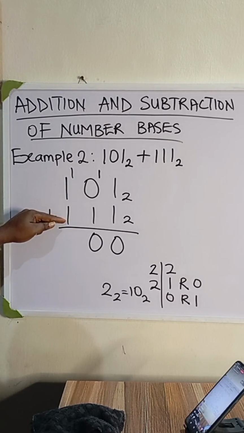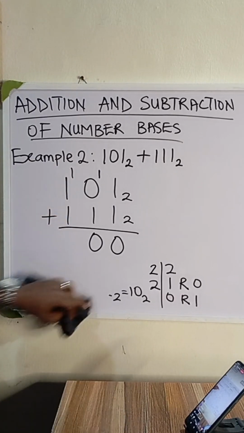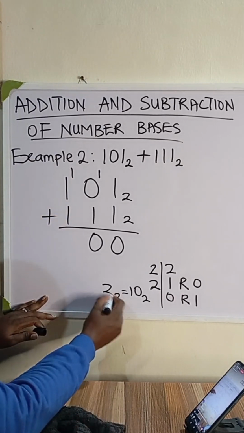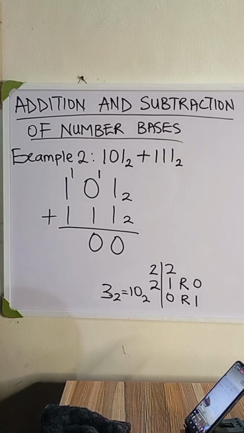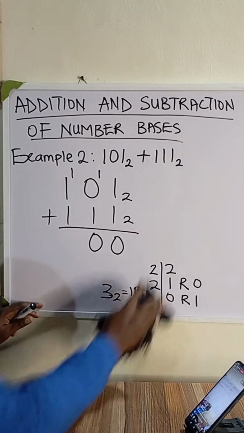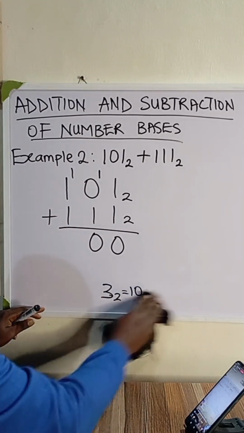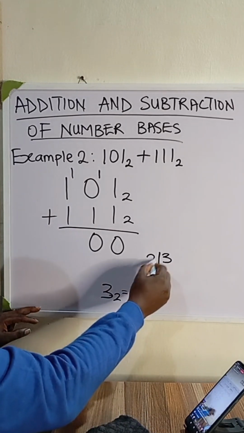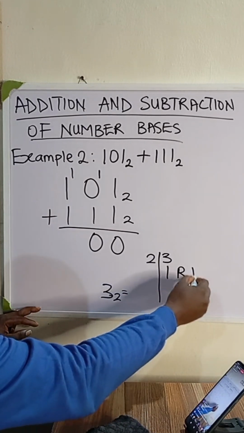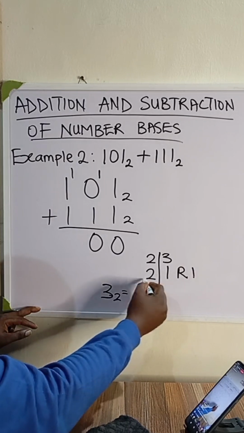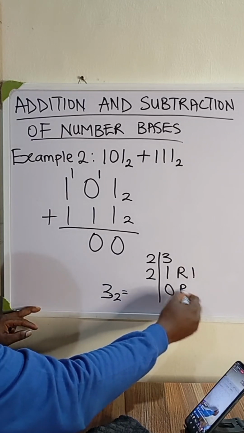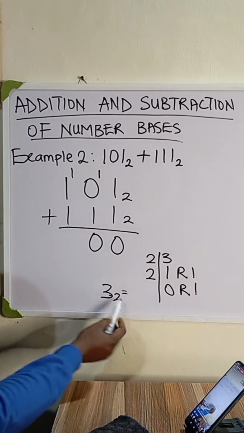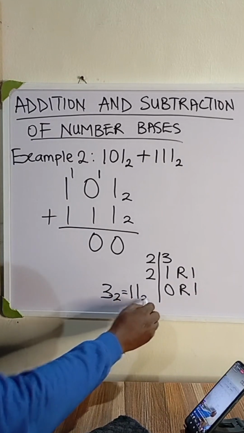We cannot have 3 base 2. So that means we need to convert this to the correct form. 3 divided by 2 gives you 1 remainder 1. 1 divided by 2 gives you 0 remainder 1. That means 3 base 2 is the same thing as 11 base 2.